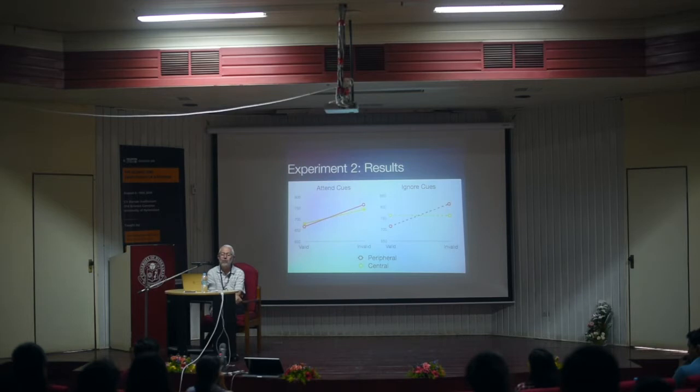You're told to ignore it, and you can. In Shepard, Findlay, and Hockey, participants were presented with uninformative central arrows, and they did show orienting to it. Now, they weren't instructed to ignore it, so maybe that's what's going on, but there was no reason to attend to it because it didn't mean anything. So, maybe the instruction matters.